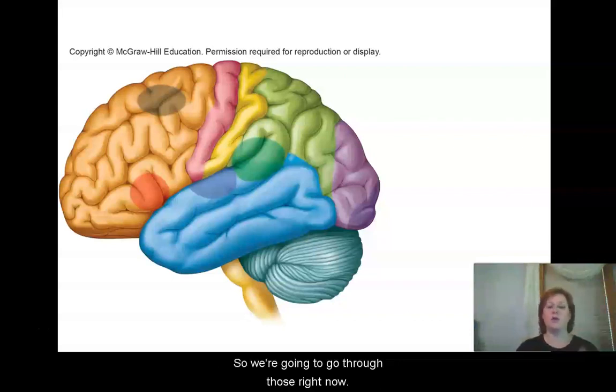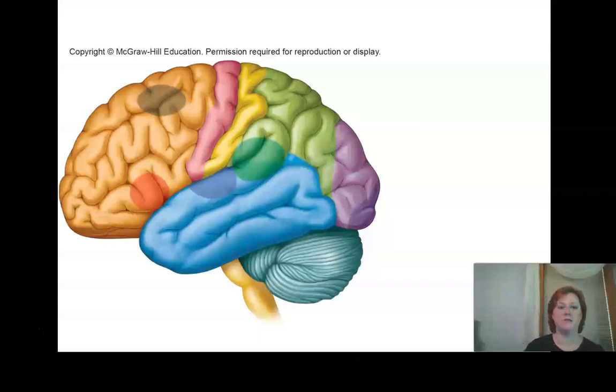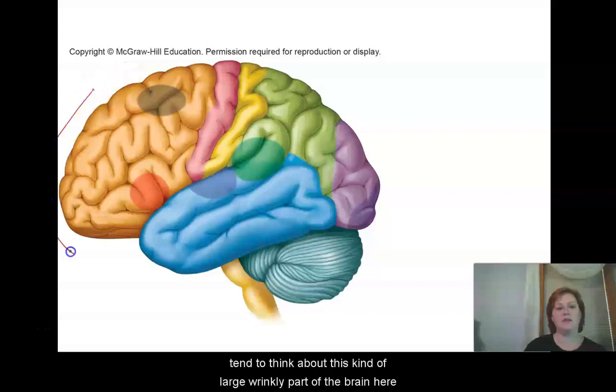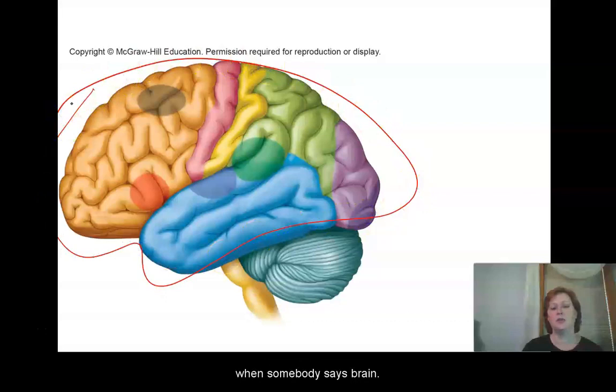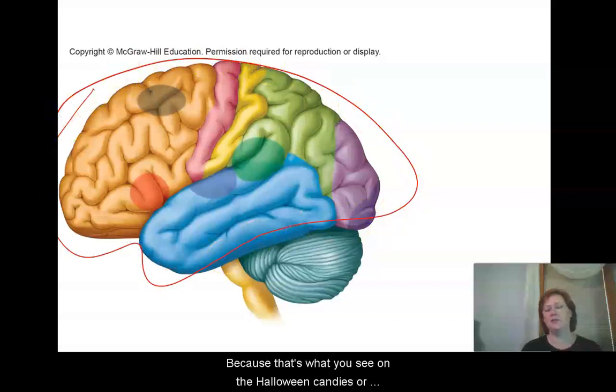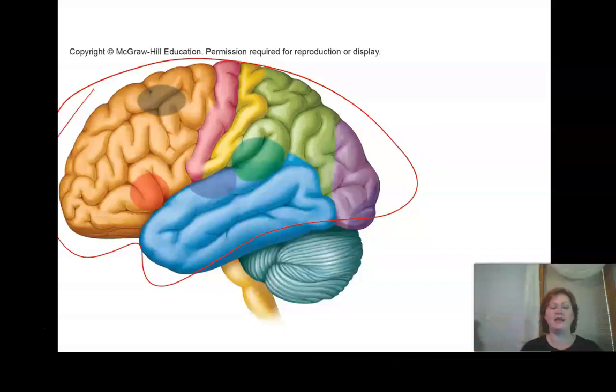So we're going to go through those right now, and it should be somewhat of a review if you've already watched the Bozeman video. So the first thing when we're looking at the brain is that we tend to think about this kind of large, wrinkly part of the brain here when somebody says brain, because that's what you see on the Halloween candies or things like that.